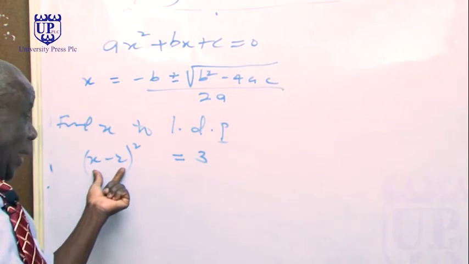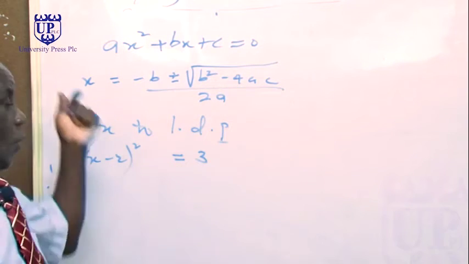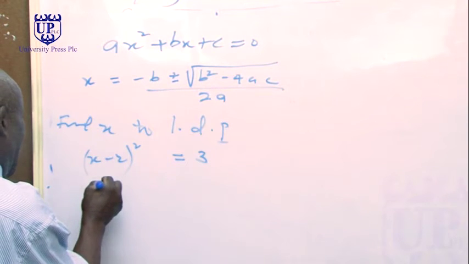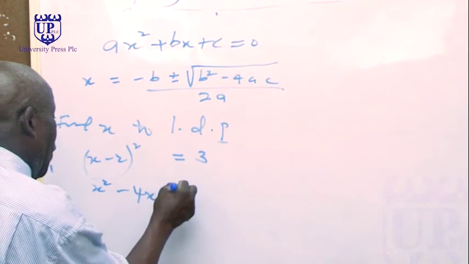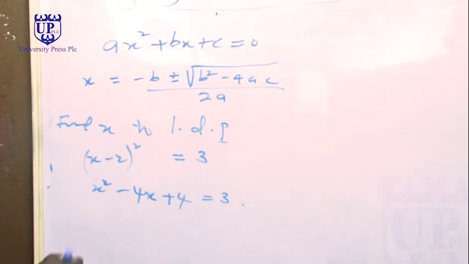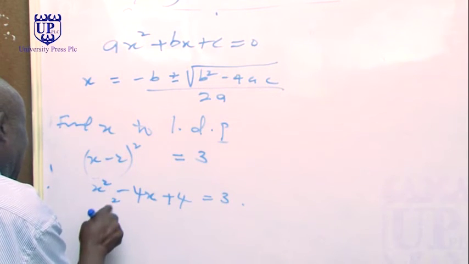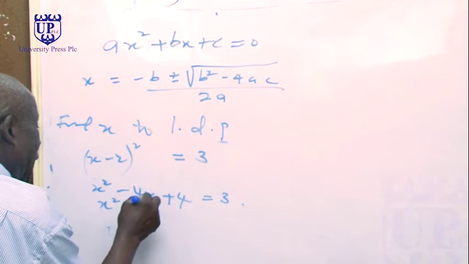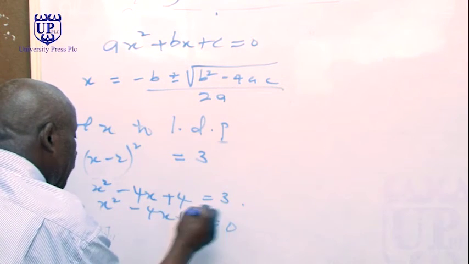If you open the bracket, the whole thing becomes a quadratic equation, because this one will be x squared minus 4x plus 4 equals 3, and this is x squared minus 4x plus 1 equals 0.